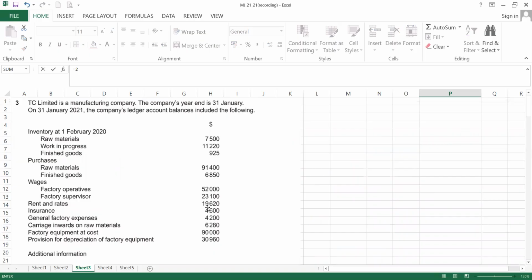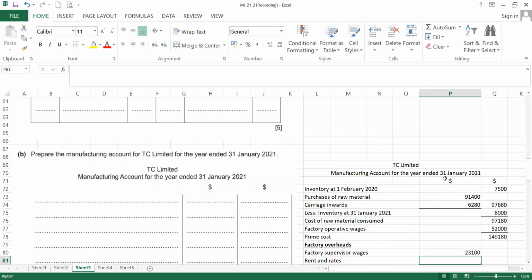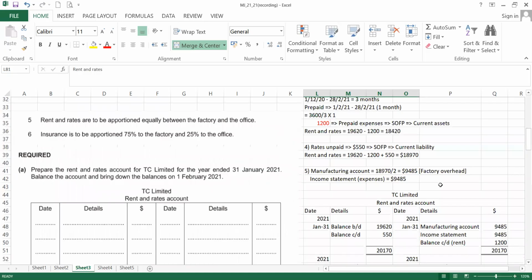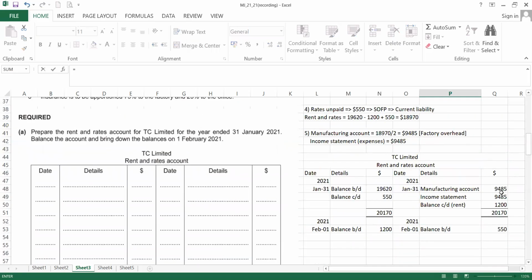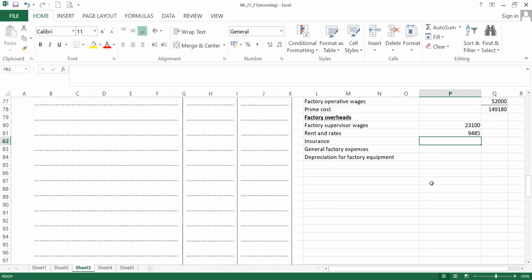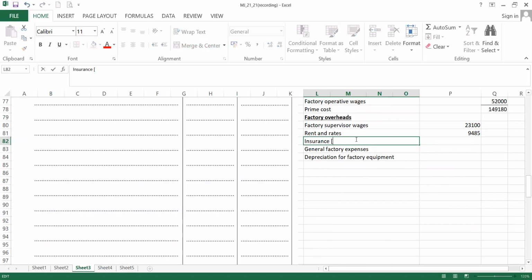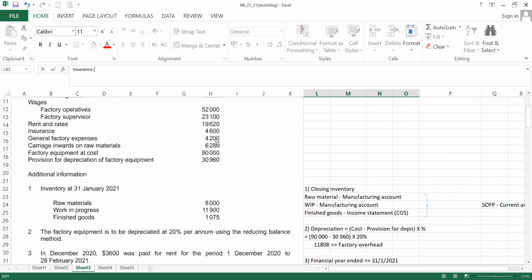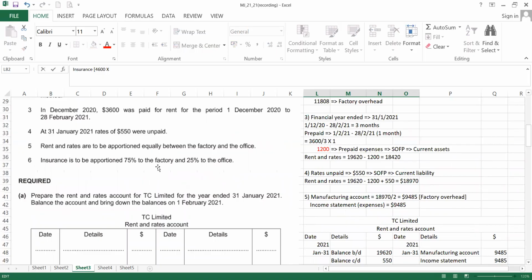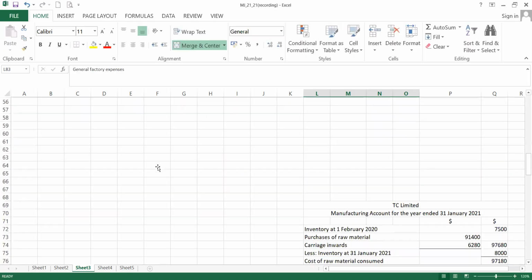So now let's put in the amounts. Factory supervisor 23100, no adjustment. And rent and rates, there is an adjustment, which we have calculated here. So we don't need to show the working, that is fine, because this is our answer already. Next is insurance. Insurance is better to show the working because there is an adjustment for it. Insurance is 4,600, and they say 75% for factory.